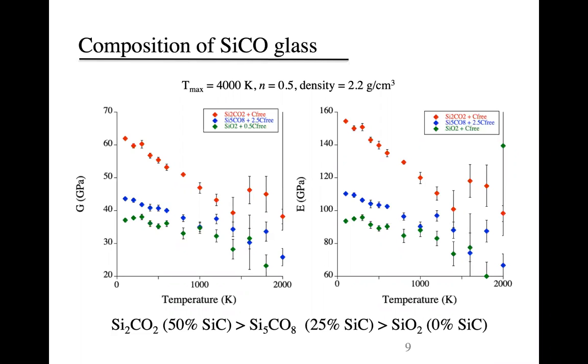In this case, the SiCO glass that has the highest elastic properties, the Si2CO2, has the highest mole content of silicon carbide, whereas SiO2, or just silica, has no silicon carbide and has the lowest elastic properties.